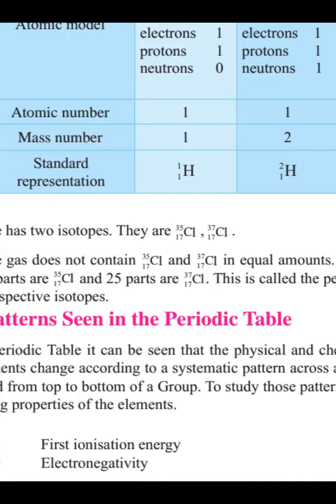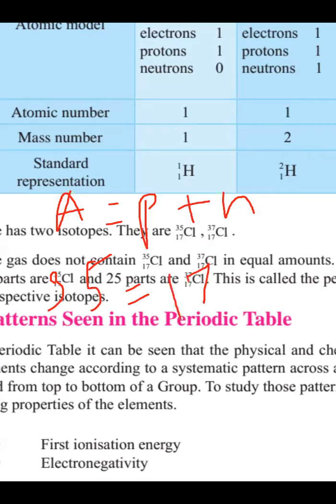How to do that? A equals P plus N. Number of protons plus number of neutrons. So, you know, the mass number is the above value, 35. Number of protons, that is equal to the atomic number, or Z. You know, that is 17 in the first isotope. You can calculate the number of neutrons from this equation.